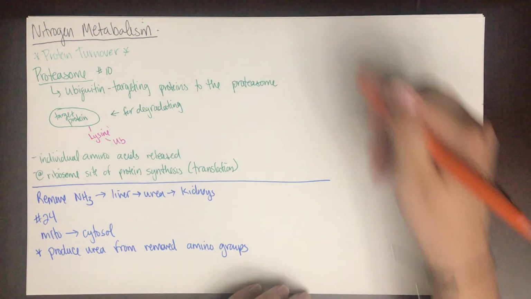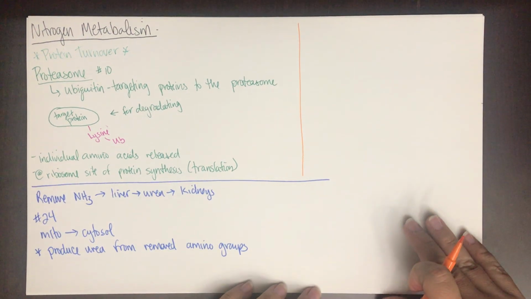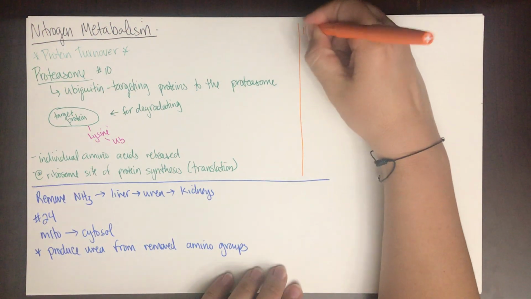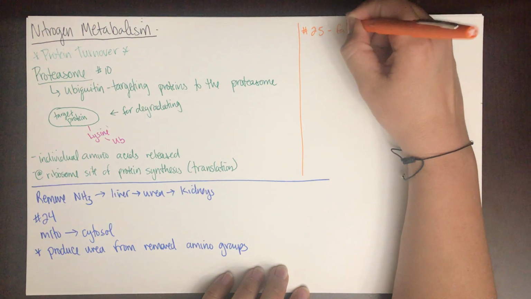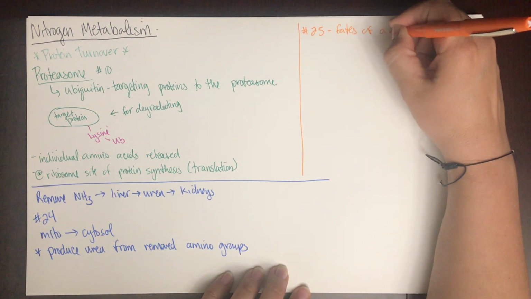So now this comes back to the regulation and integration of metabolisms. So if you look at the TCA cycle, this is on slide number 25. So this is the fates of amino acid carbon skeletons.